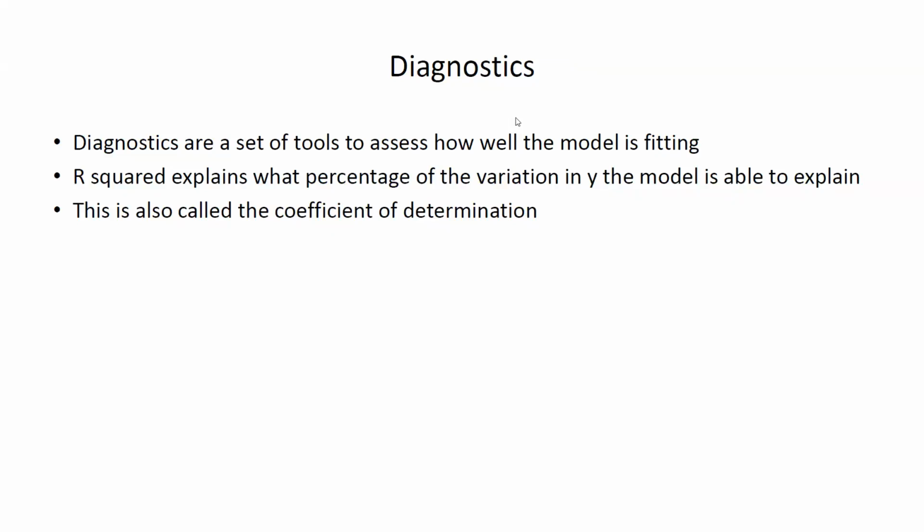So just to elaborate on that second point, Y varies, right? Y is not constant, it varies. And in regression, we're trying to understand how the X variables relate to the variability in Y. And Rsquared is one measure of what the model is doing.